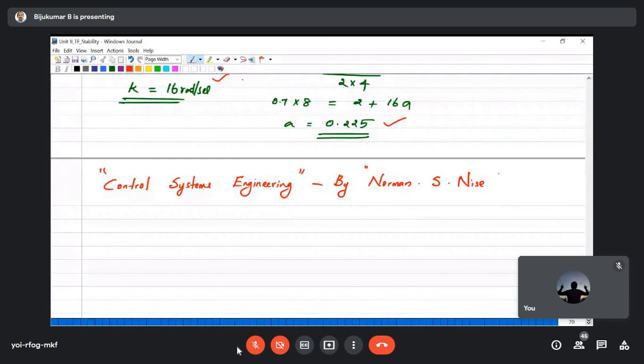A lot of problems and numerical examples are given in this book.